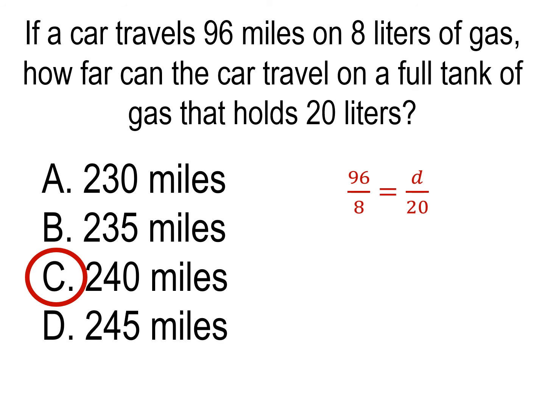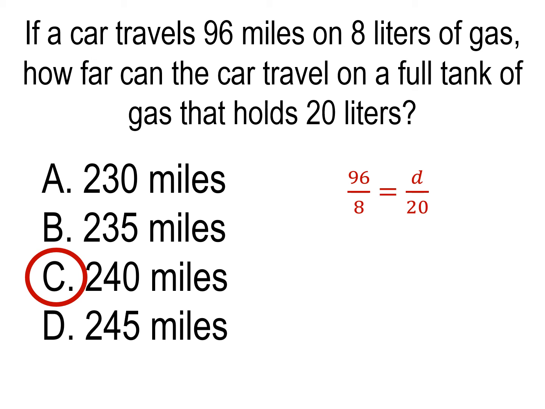So, how do we solve this? Please take note that this kind of problem is a problem on ratio and proportion. So, 96 miles corresponds to 8 liters. Therefore, let us consider D as the distance traveled for 20 liters.